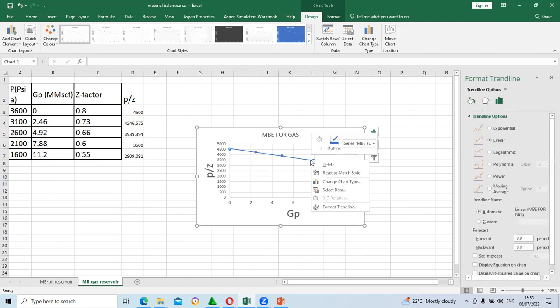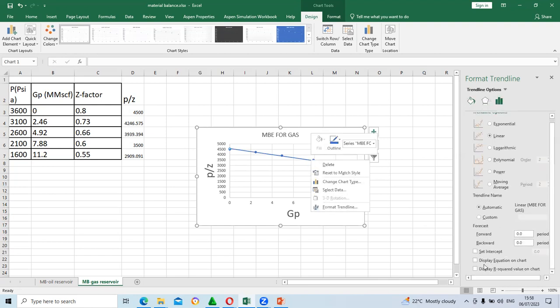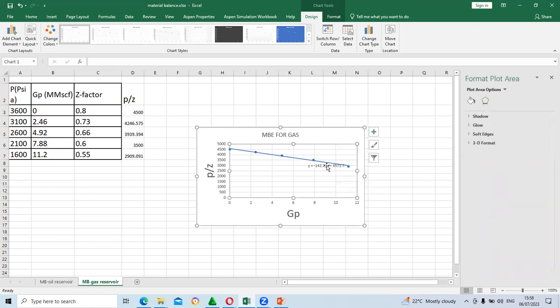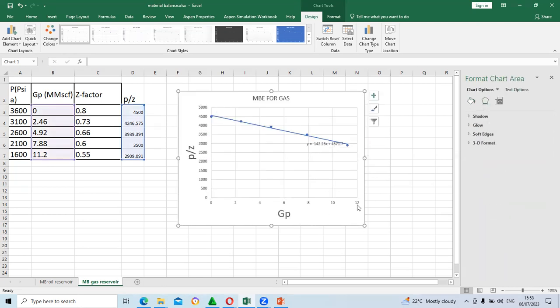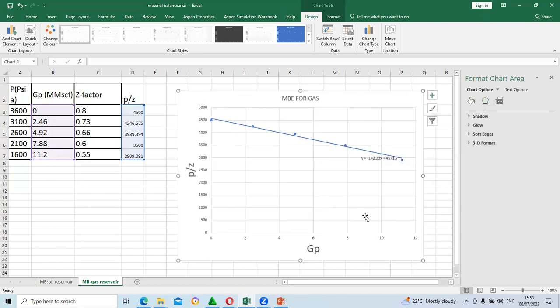So I could highlight again, and then I will take display equation on chart. So the software has given me the equation of this straight line. So I don't even need to start stressing myself to calculate the gradient because the software has given me the equation of this line.